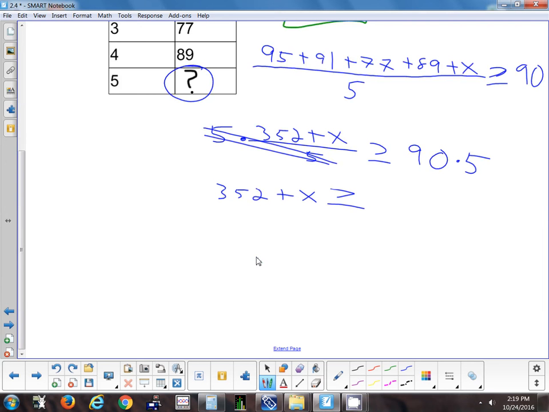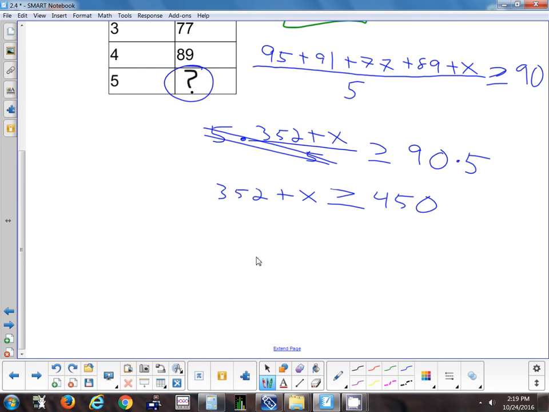Okay, and how about 90 times 5? Or if you're not sure, I think of 9 times 5. That is 45, so 450. Okay, I've got one step left to get x by itself. So this is a positive 352.